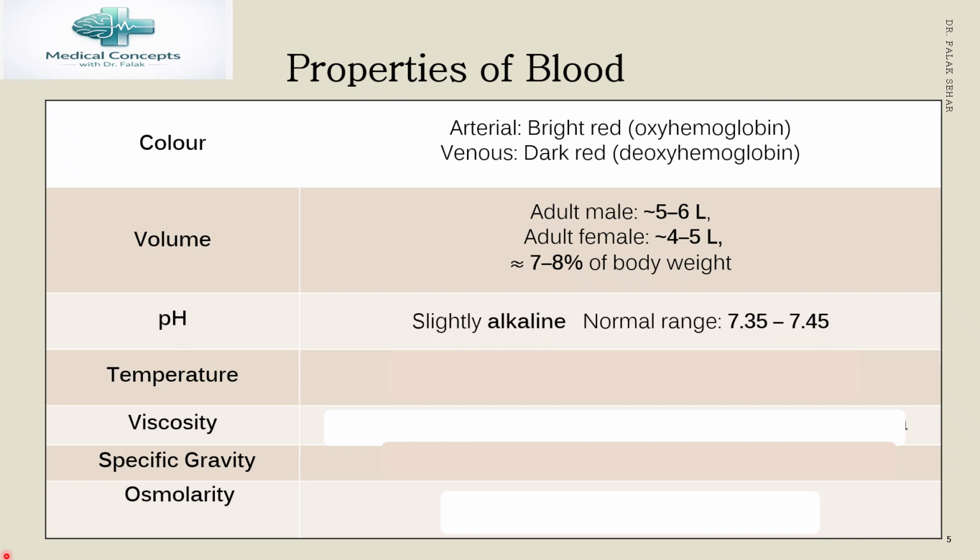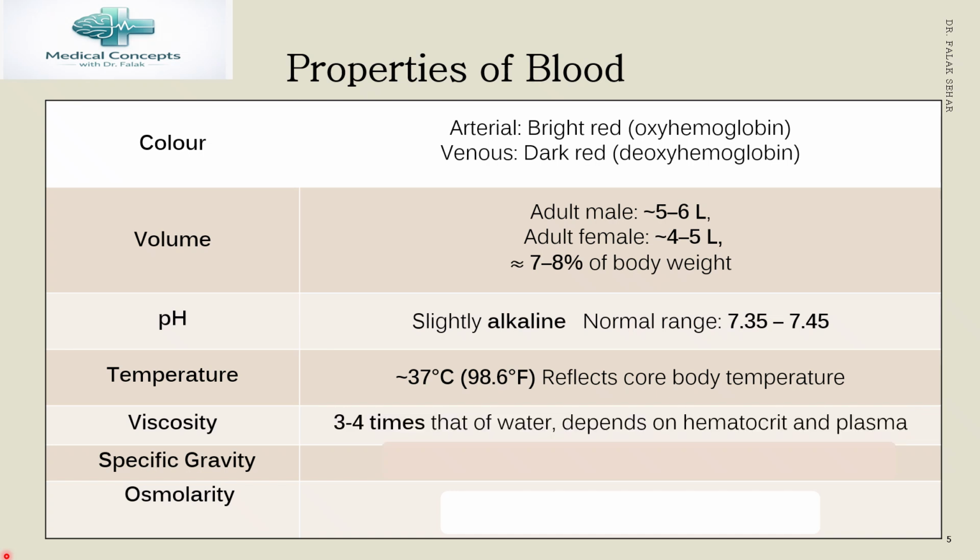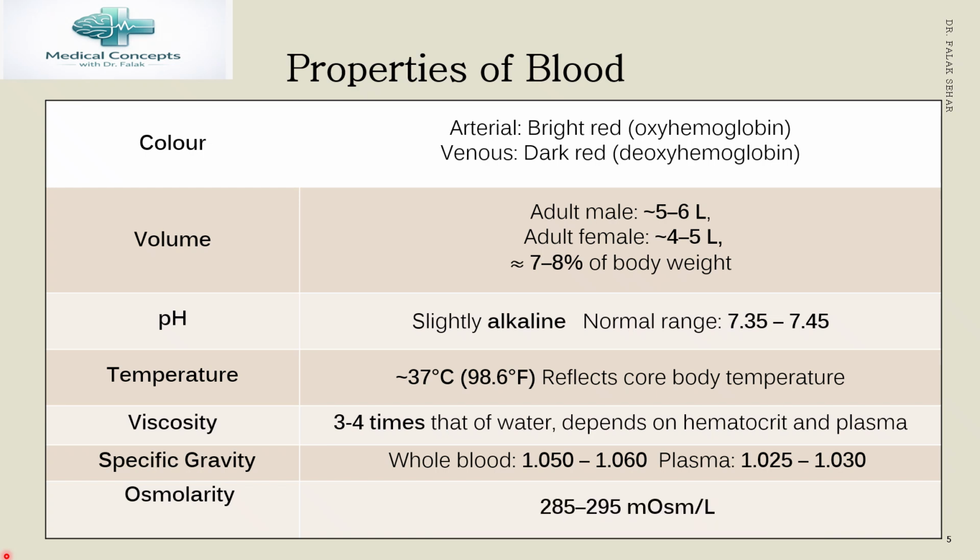Blood is slightly alkaline in pH with a normal range of 7.35 to 7.45, while the temperature reflects core body temperature, that is 98.6 degrees Fahrenheit. Blood is 3 to 4 times more viscous than water, while the specific gravity of whole blood is 1.05 to 1.06.